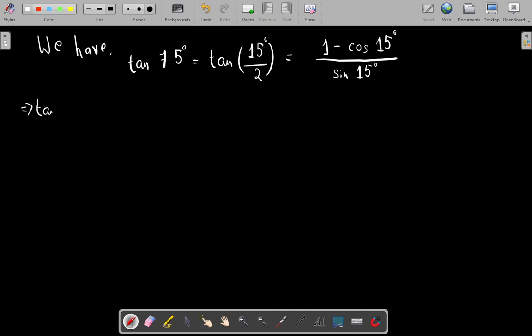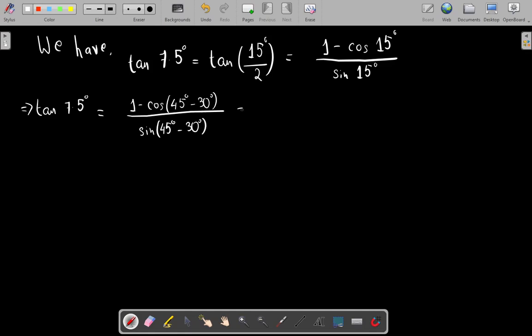So tan of 7.5 degrees will be 1 minus cos of 15 degrees, which can be written as cos of 45 degrees minus 30 degrees. Similarly, in the denominator, sine 15 degrees will be sine of 45 degrees minus 30 degrees.